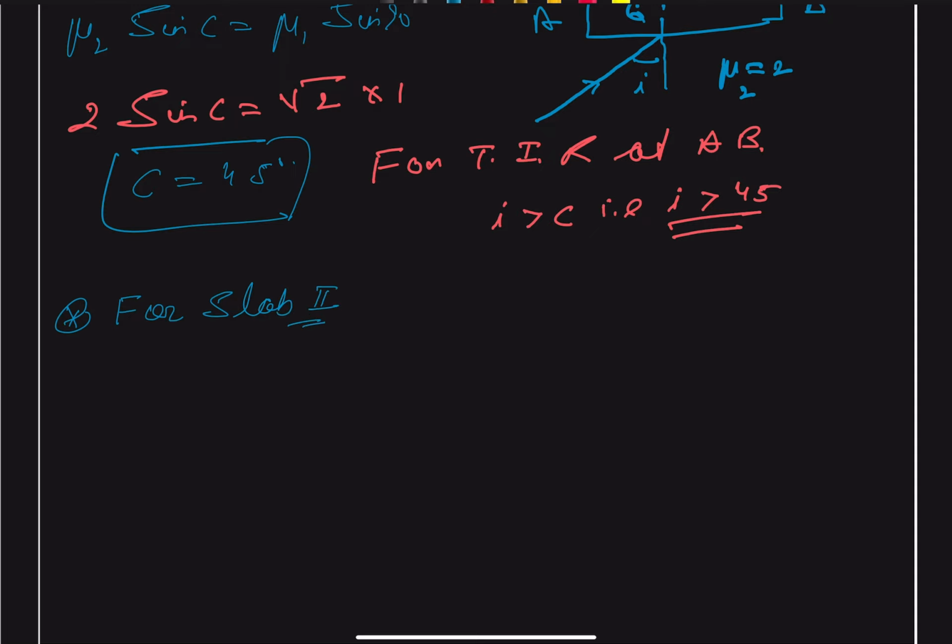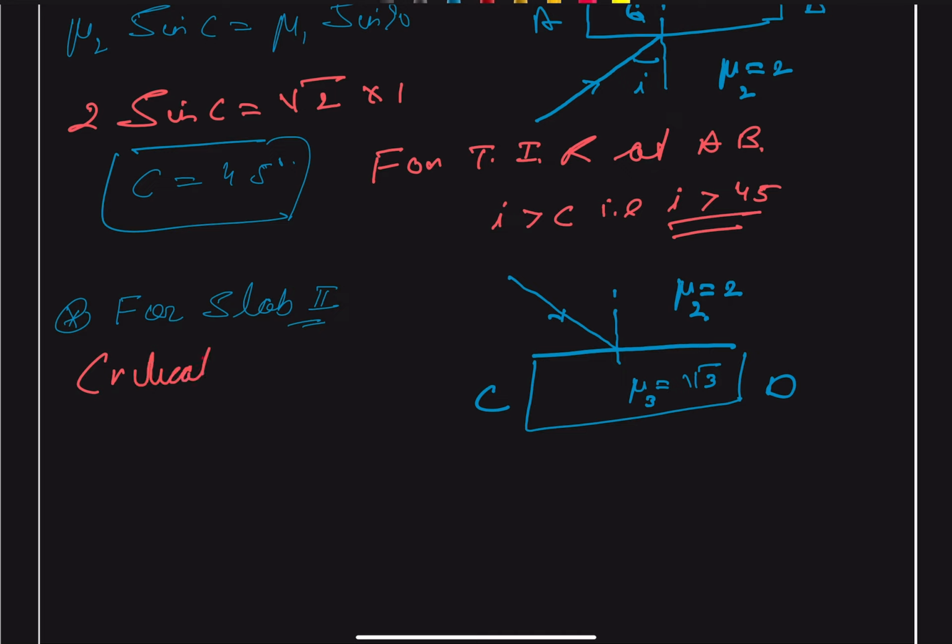slab 2, we can once again draw an approximate figure. So this is our CD, and here refractive index is given as square root of 3, and here refractive index is our 2. So let us call this mu3, and this was our mu2, and the ray of light is somewhat incident in this way. Okay. And this is our CD. So once again we can use the critical angle, and in this case let us call that critical angle C prime.